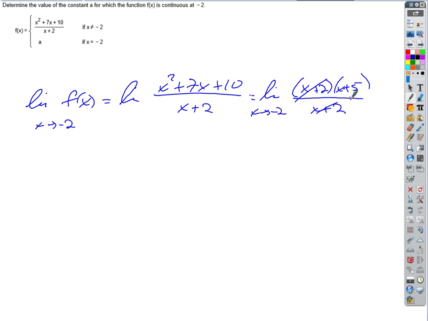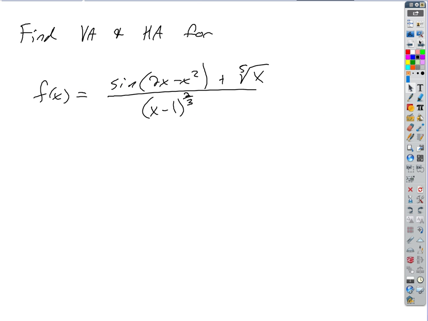Now I can evaluate directly, and what do I get? 3. Okay. So the limit of the function as x approaches -2 is 3. The value of the function is equal to a. Well, those need to be equal, so what does a need to be? 3. Right?